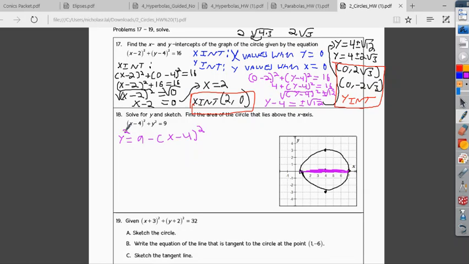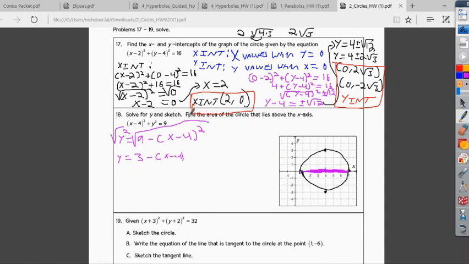But the real thing is the area of the circle above the x-axis. This is half the circle.